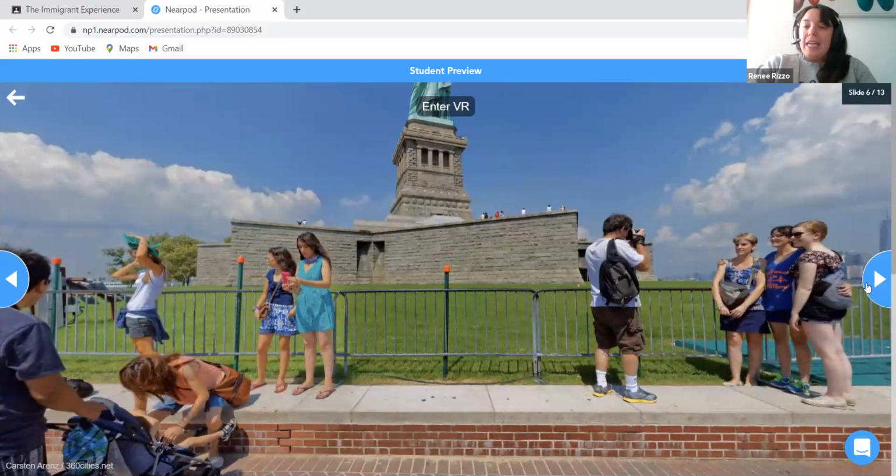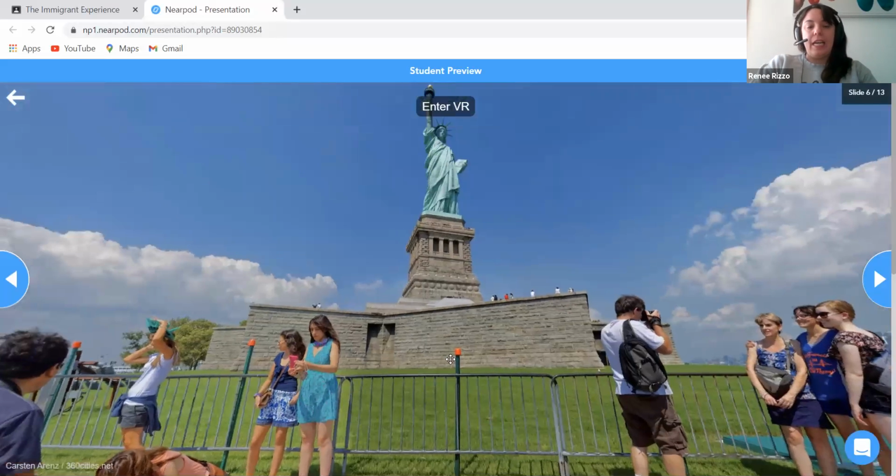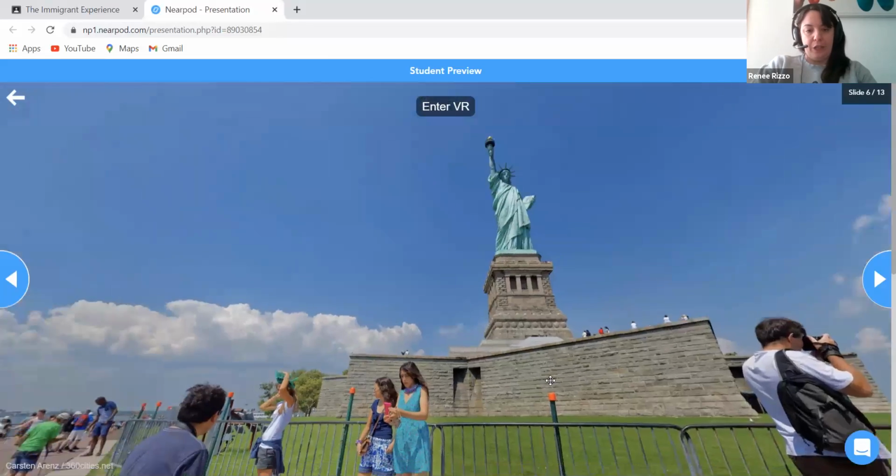So the lesson also then asks students if they have ever gone to the Statue of Liberty and how they felt going there. So there are actually virtual reality field trips offered within Nearpod. It's just so you can feel like you are actually there. So if students have never been, they could take a virtual visit to the Statue of Liberty.